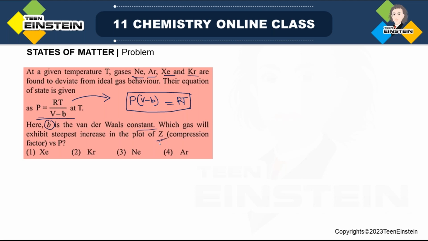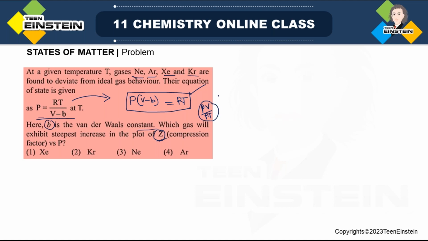That means you have to draw the plot where PV by RT will be on the y-axis, that is actually Z, and pressure will be on the x-axis, that is the Z versus P curve. So this equation, we will arrange it in such a way that you can get the term Z. To get the term Z, basically, you have to find this PV by RT term somehow.